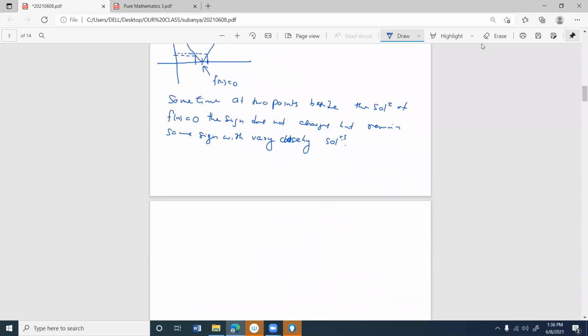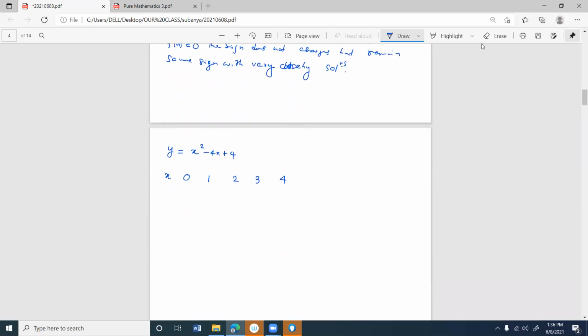Consider y equals x squared minus 4x plus 4. Now look at this. If I take the points x equals 0, 1, 2, 3, and 4, then the y values: if I put 0, it's 4. If I put 1, 1 squared minus 4 plus 4 is 1.